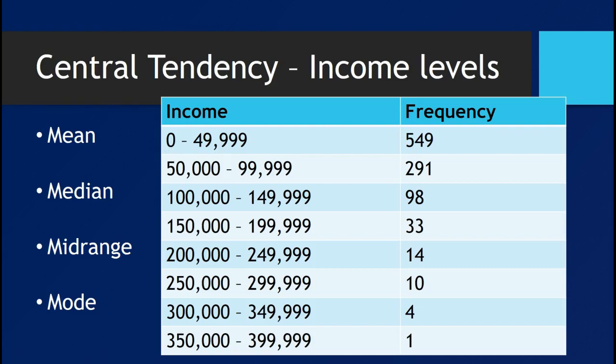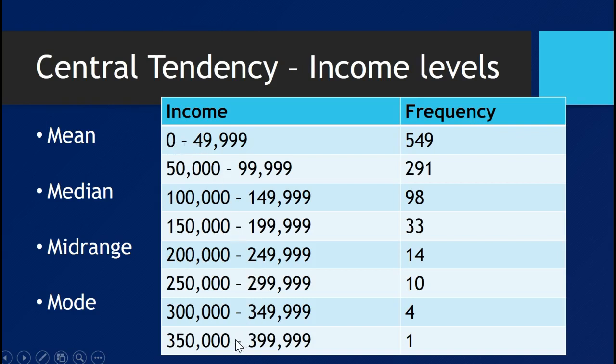What we have to do is come up with a single number for each of these classes, and the number that we use is going to be the middle number, so that we can get the least amount of error possible.